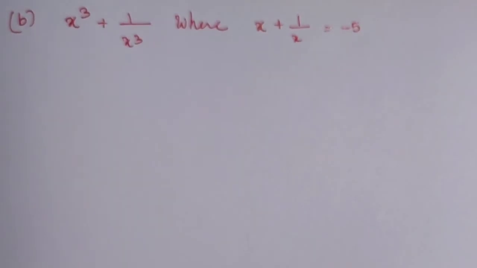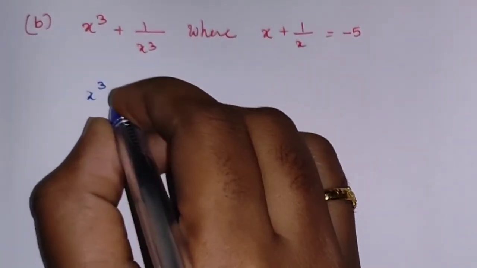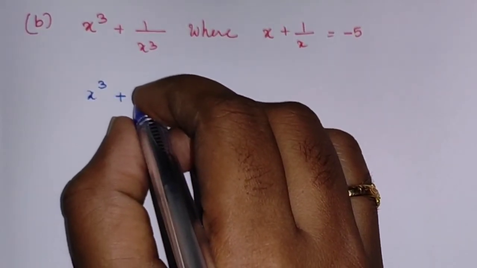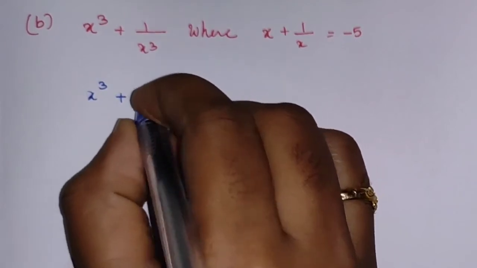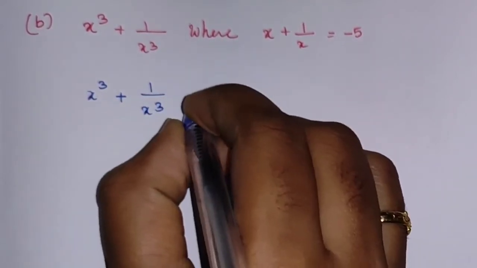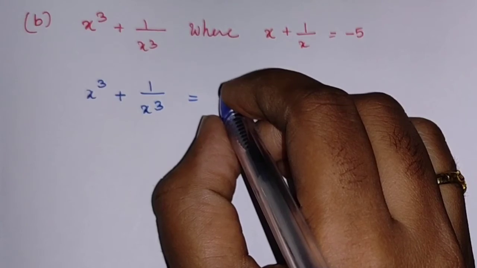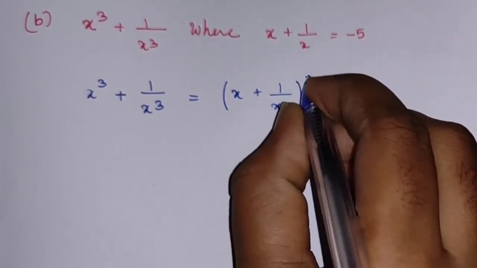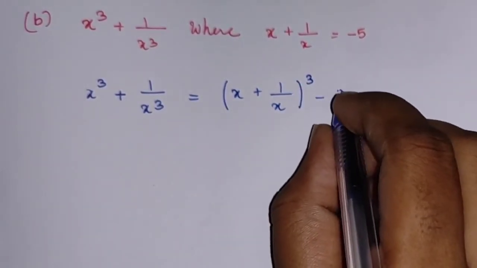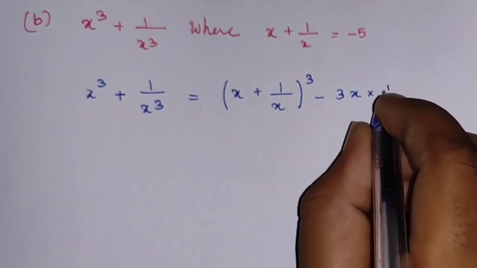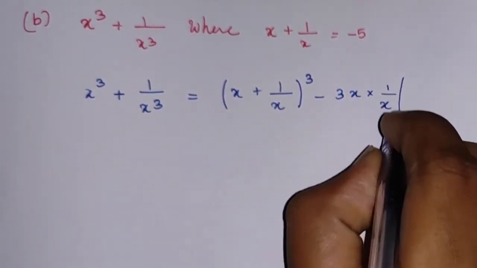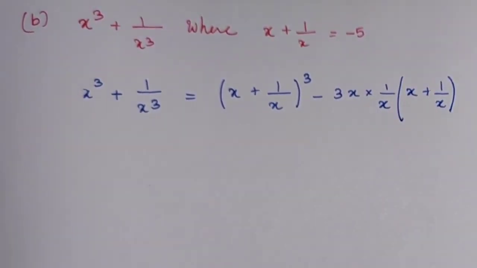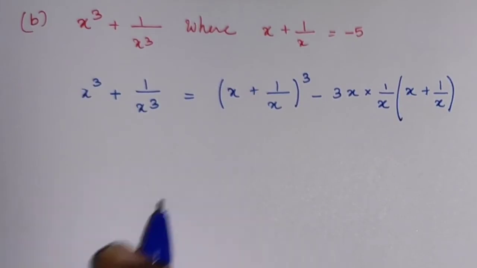Okay, the same formula. We know x cube plus 1 by x cube is equal to x plus 1 by x the whole cube minus 3x into 1 by x into x plus 1 by x, like we did in the previous case, okay?